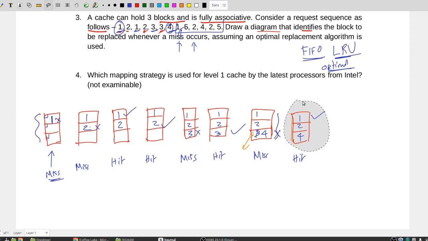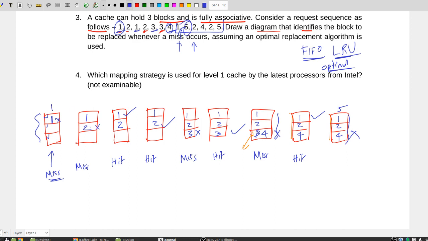The next request is for block number 5. Is block number 5 present in the cache? No, it's not. So 5 is requested. 5 is not present anywhere in the cache. So you have a miss.